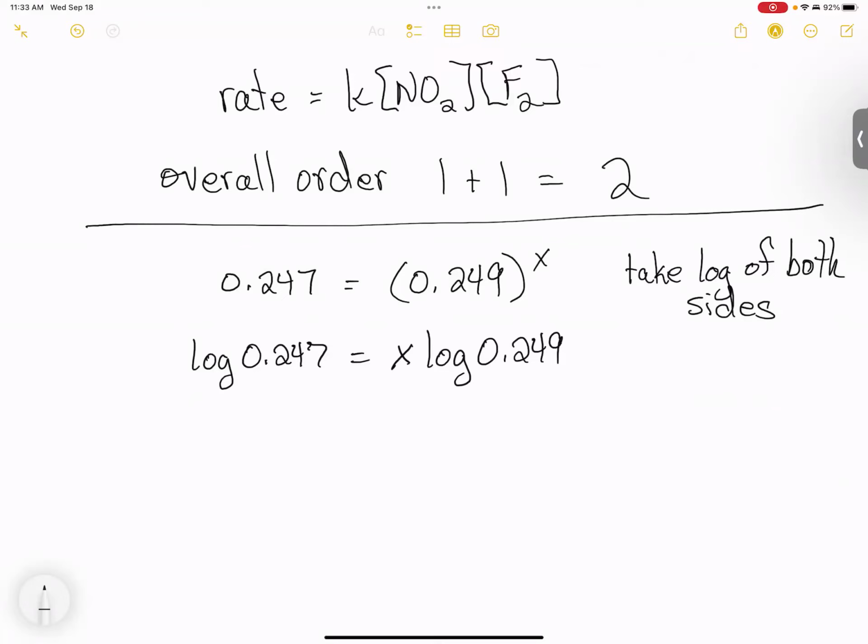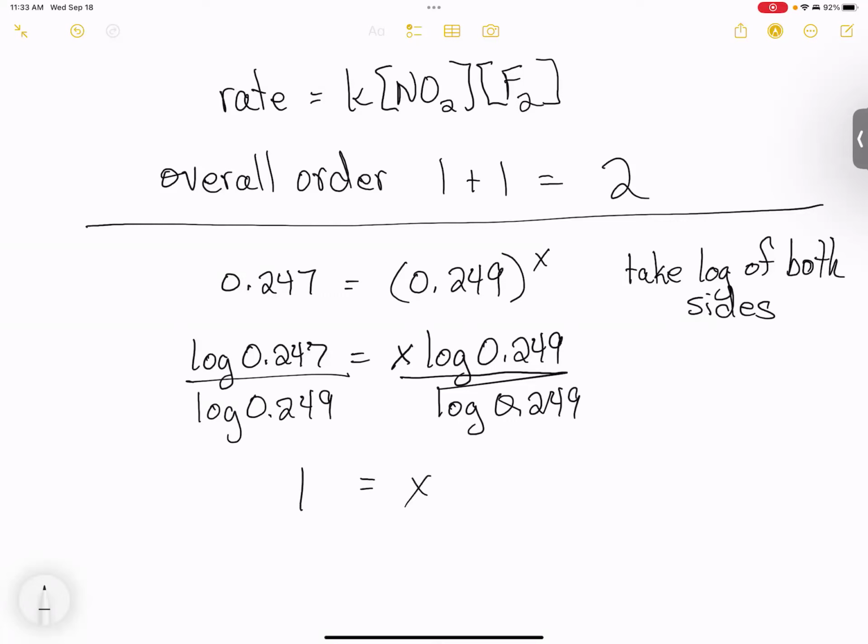Then you would divide both sides through by the log of 0.249. And you would get 1 is equal to X. I think that's what you were asking me. Other questions?